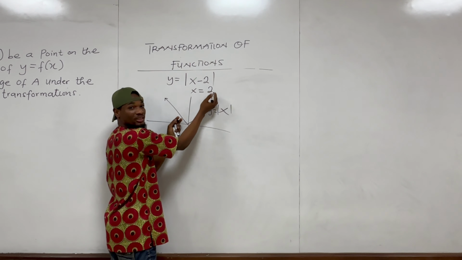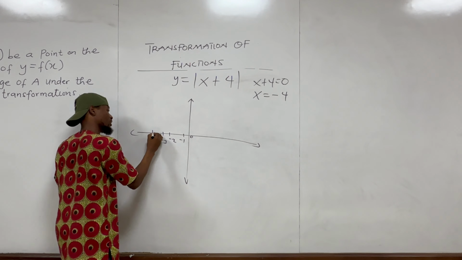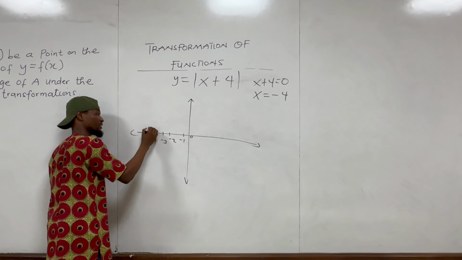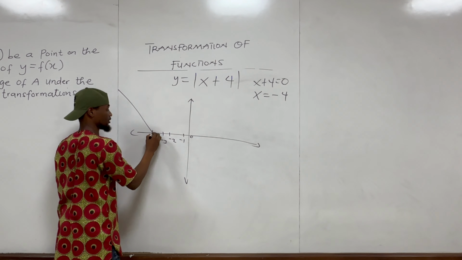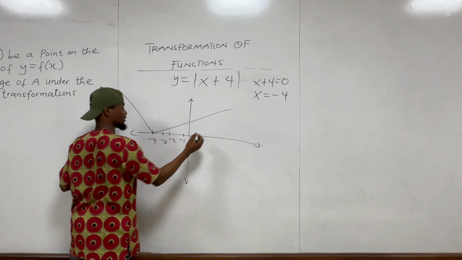So therefore, I have my xy plane over here as usual. Then, if this is 0, I have negative 1, negative 2, negative 3, and I'm assuming my negative 4 is here. Because I'm taking the absolute value of the expression this way, I'll just draw a line from here, this way, then something like this.